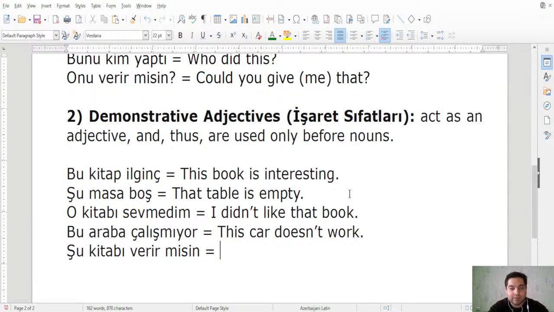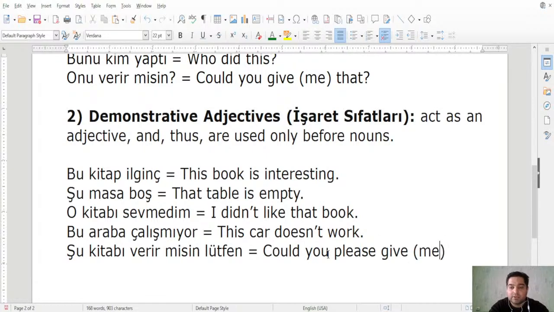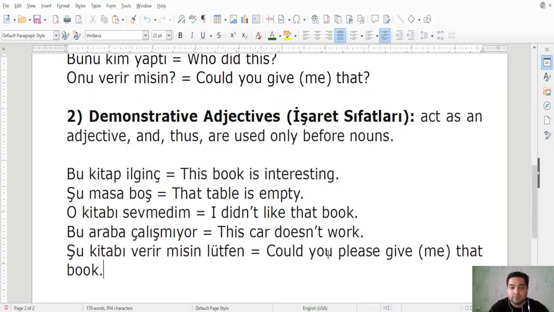Okay, şu kitabı verir misin? Şu kitabı verir misin lütfen? Let's make it "please" too. Okay. Lütfen. Could you please give? Of course, "me" is assumed here. Could you please give me that book?